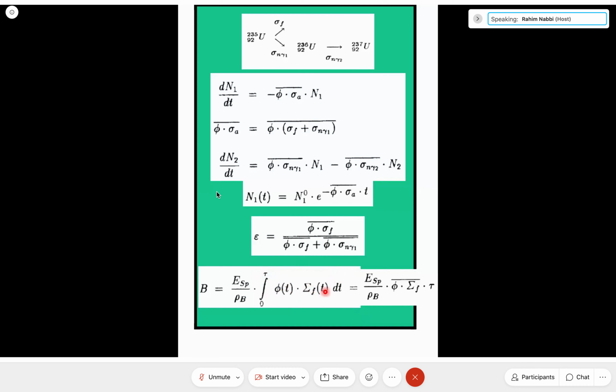So, because the macroscopic cross-section is this product here, and here N is the number density in 1 cubic centimeter. For this reason, here we show this number. Good.